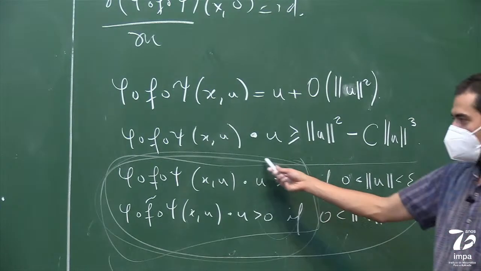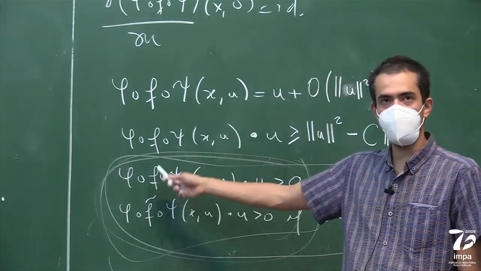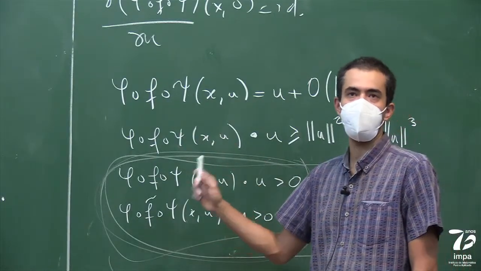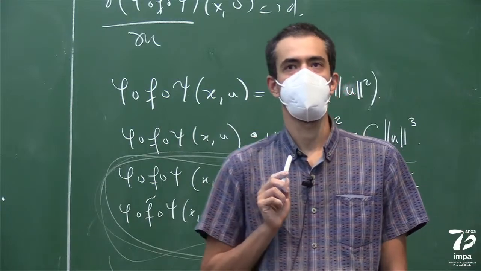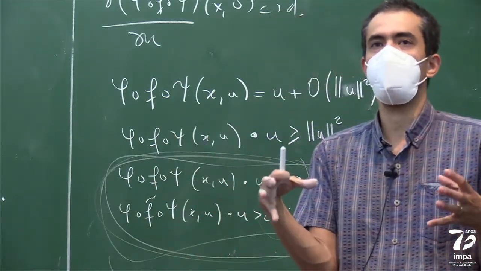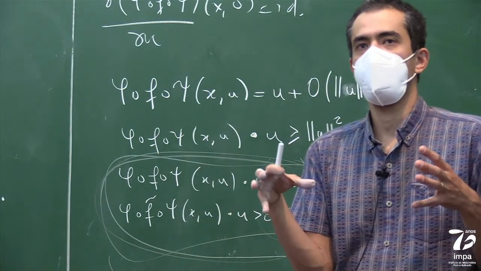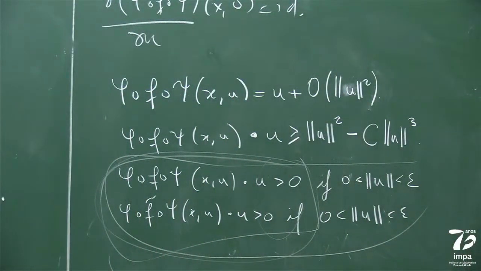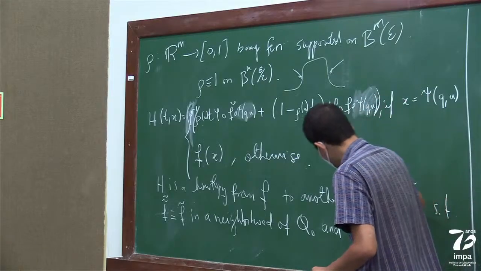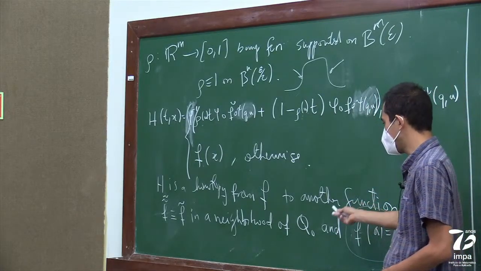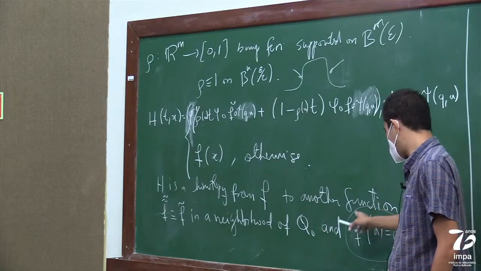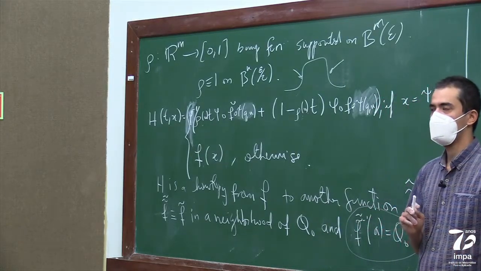So this condition guarantees that throughout the whole homotopy, I cannot hit the origin if I am in the ball of radius epsilon. That's why I can conclude that this new manifold that coincides with F tilde in the neighborhood of Q0 has exactly the same pre-image of A.